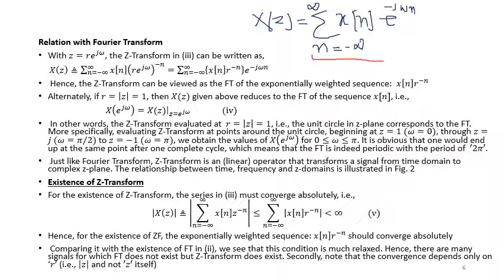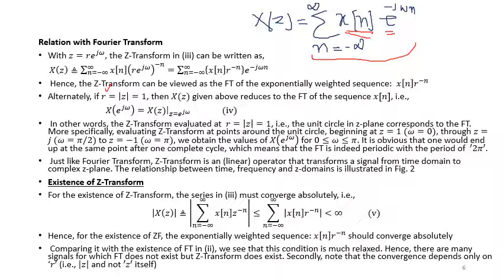For the Fourier transform we have the summation, n running from minus infinity to infinity, of the sequence multiplied by e^(-jωn). So when the magnitude of z, which is r, equals 1, the Z transform reduces to the discrete-time Fourier transform.